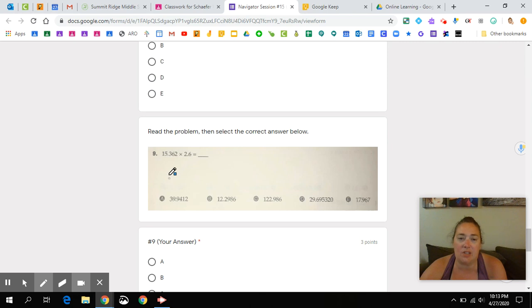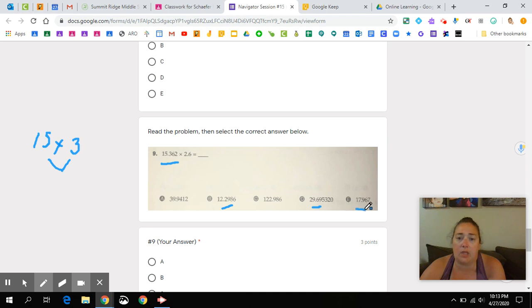Number 9, we're starting to get quite a few digits going on in here, so remember that you can always use estimation as well. So 15.362, that's about 15. And 2.6, well, that's about 2.5 or almost even 3. And so I could think about what this is and automatically eliminate some of these choices that I know are too small.